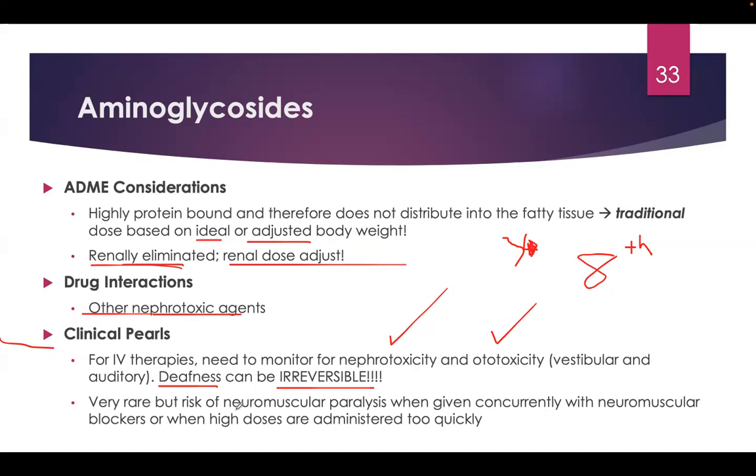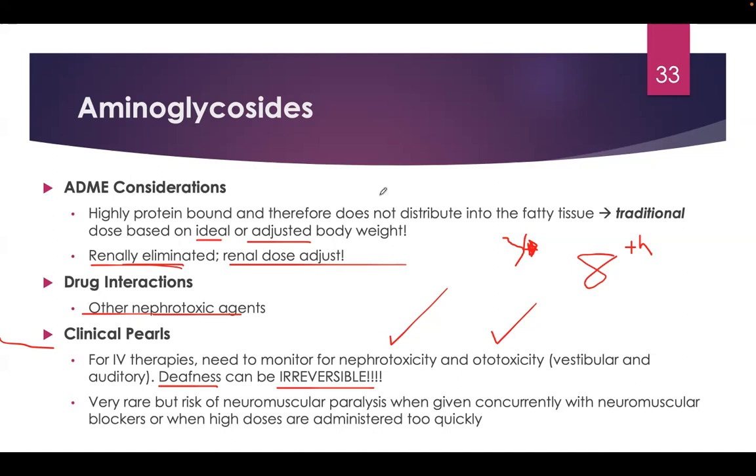So the risk of neuromuscular paralysis at very high doses is not as much of an issue, because we don't do paralysis nearly as much, maybe a 90% decrease, maybe 95% decrease, compared to the 90s and early 2000s of neuromuscular blockades.